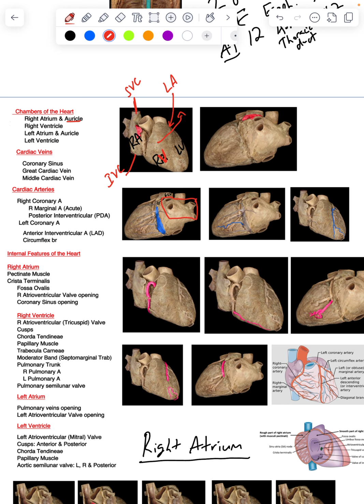So you have 2 on the left and 2 on the right. And the reason you know which side is left and which side is right is because this right here is your vena cava. This is superior and this is inferior. So this entire thing is your superior vena cava, and your superior vena cava drains into your right atrium. So you know this is the right side and this is the left side of the heart now because we turned it.